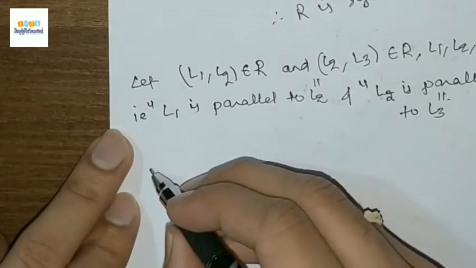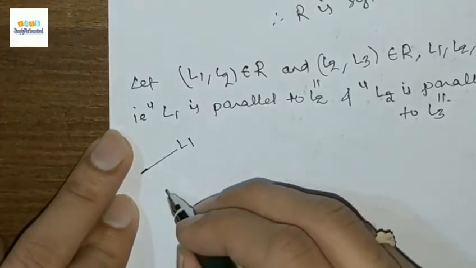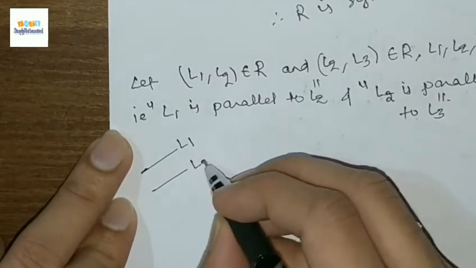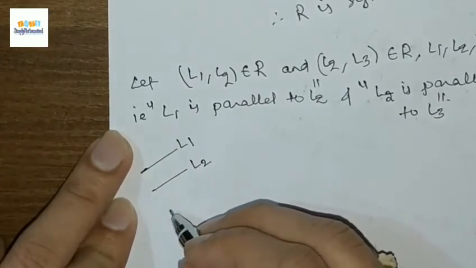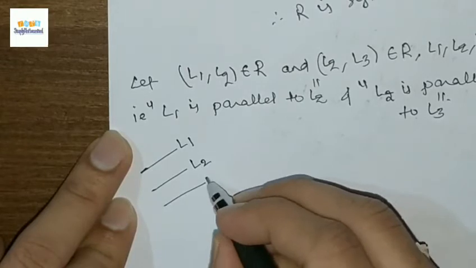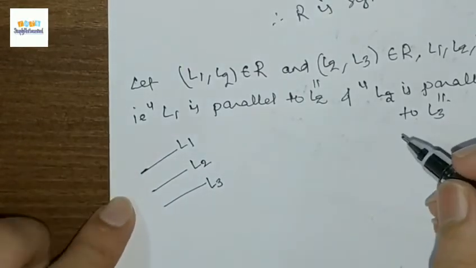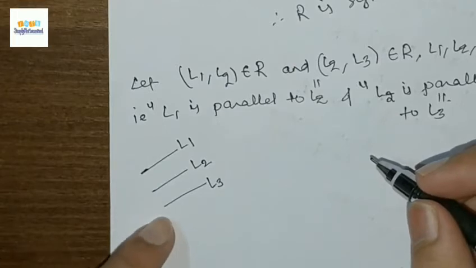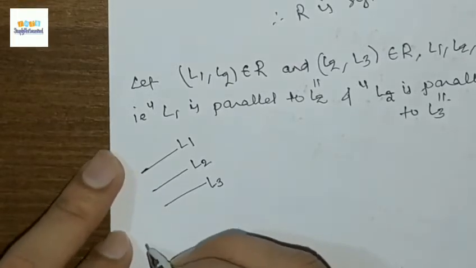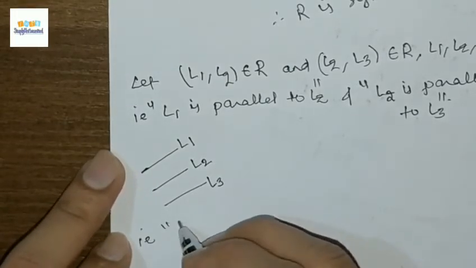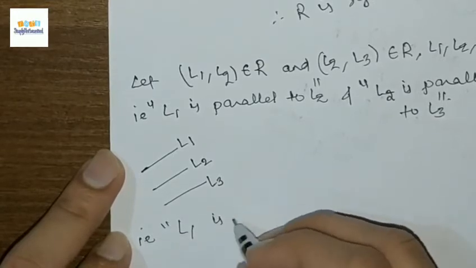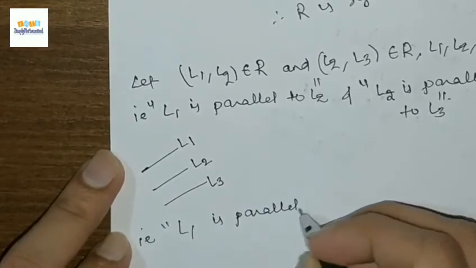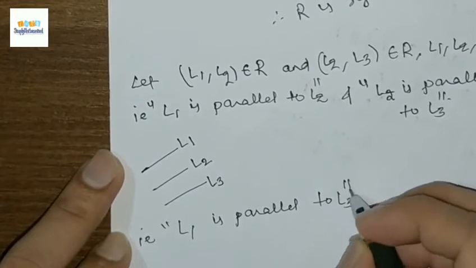So if you have one line L1 which is parallel to another line L2 and L2 is parallel to the line L3, then you can see that the line L1 will be parallel to the line L3. So that is L1 is parallel to L3.